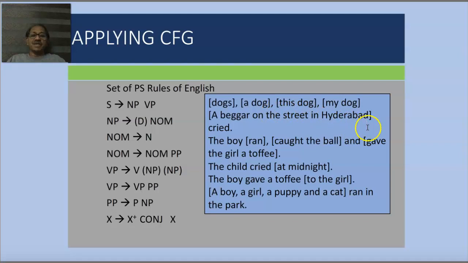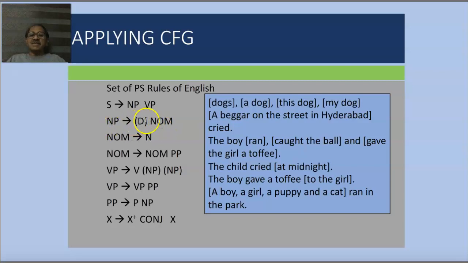You have a prepositional phrase, and that prepositional phrase consists of a noun phrase, and the noun in that noun phrase is modified by another prepositional phrase. So a beggar on the street in Hyderabad consists of not only a determiner and a noun. In addition to it, we have what we call a prepositional phrase.